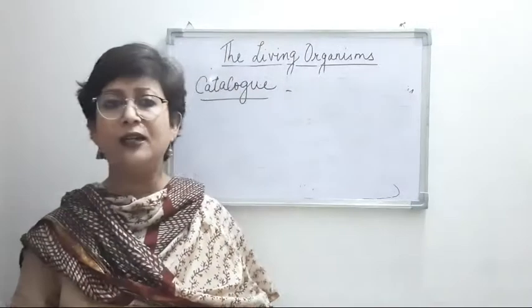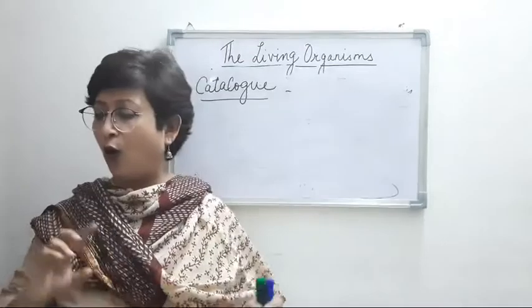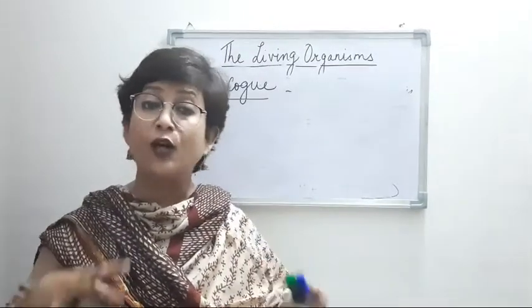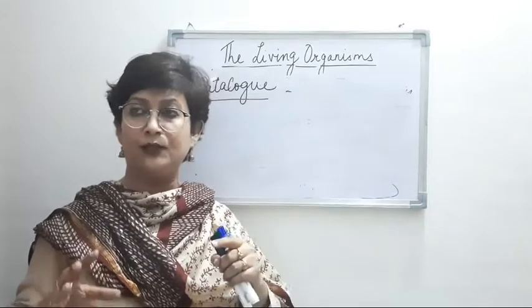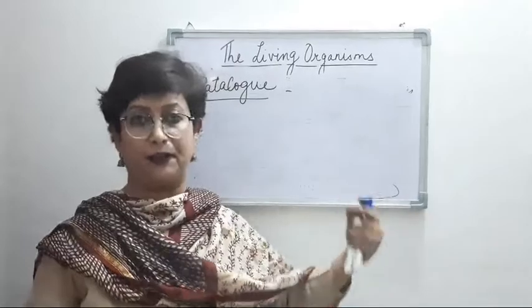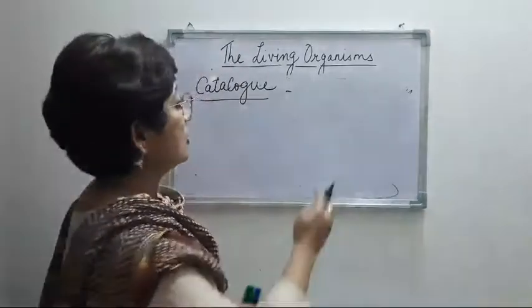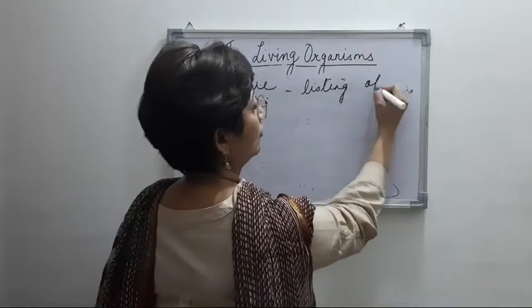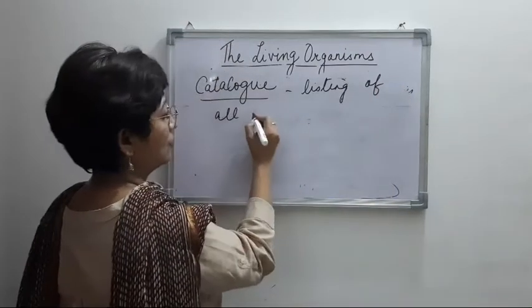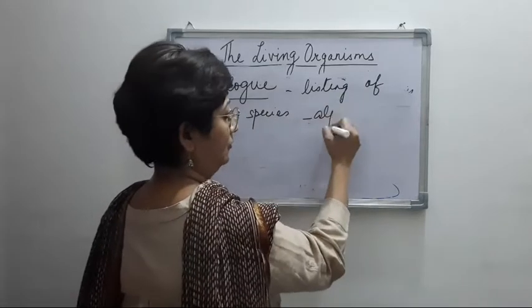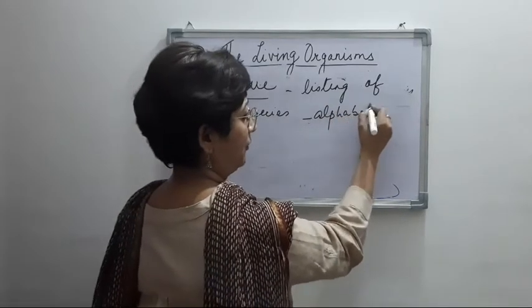It is simply a listing of all species, organized in an organized way, right? Now basically how they are listed is alphabetical, right? So it is a listing of all species. How are they listed? Alphabetically.